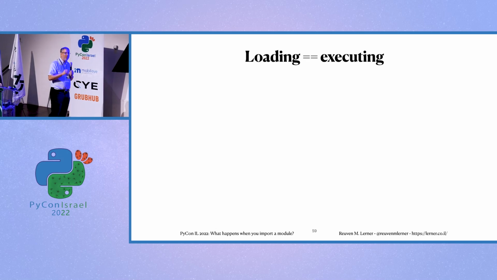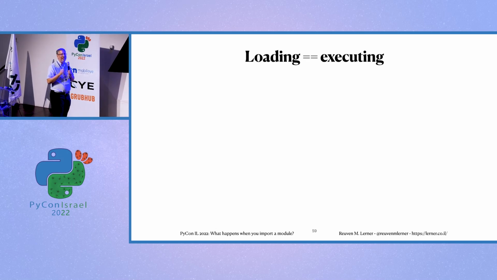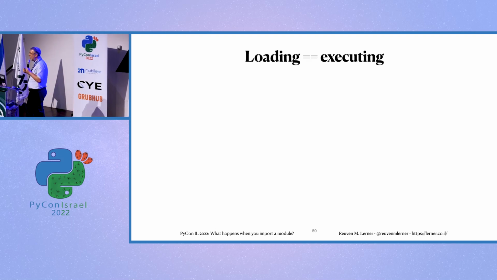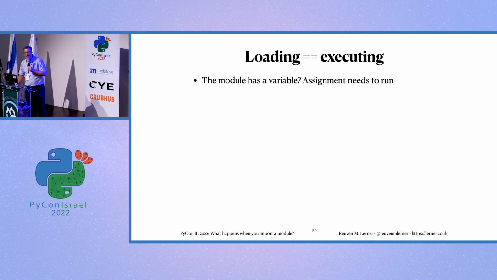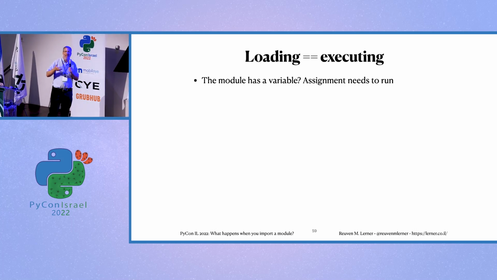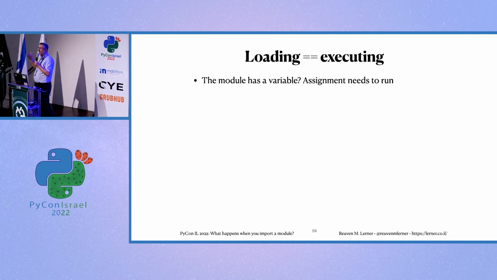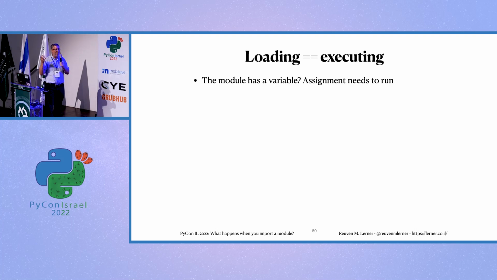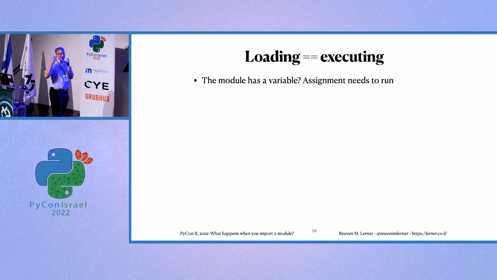When I import a module, the module is executed. There is no way around that in Python. If the module defines a variable, well, how does it define the variable? It uses assignment, a equals 10. There is no such thing as a declaration in Python. Python doesn't have any declarations.